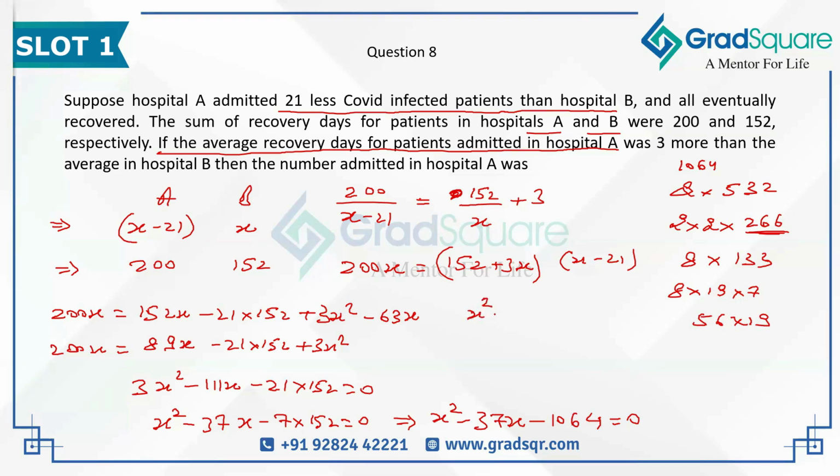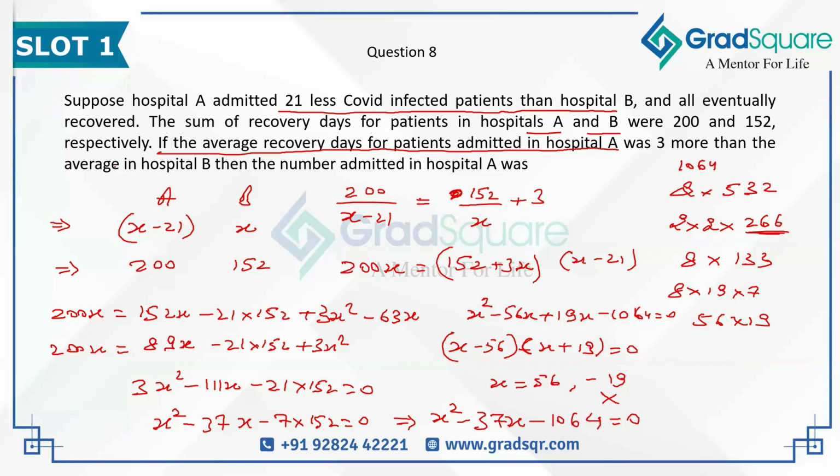So let's take x square minus 56x plus 19x minus 1064 equals 0 as your quadratic equation. What you're going to get is x minus 56 in your bracket multiplied by x plus 19 equals 0. x is turning out to be either 56 or minus 19. Minus 19 needs to be rejected as x cannot be negative.